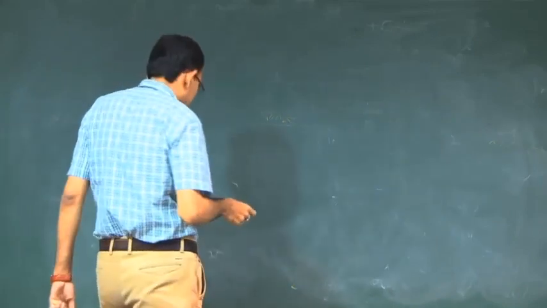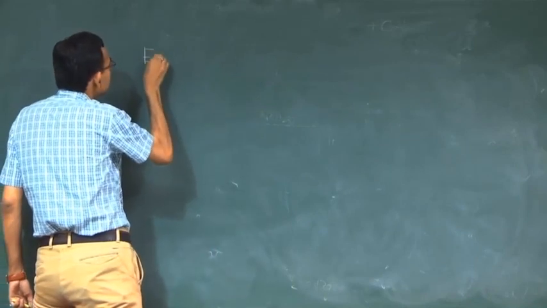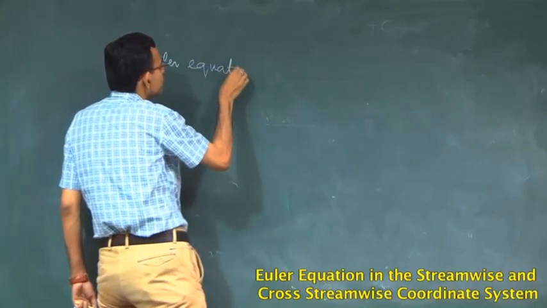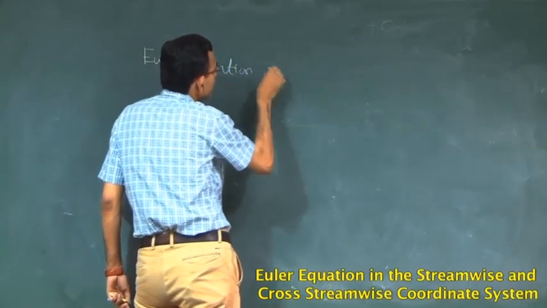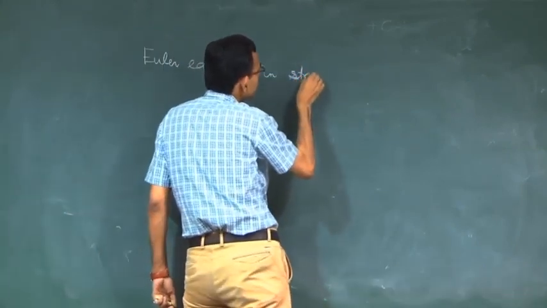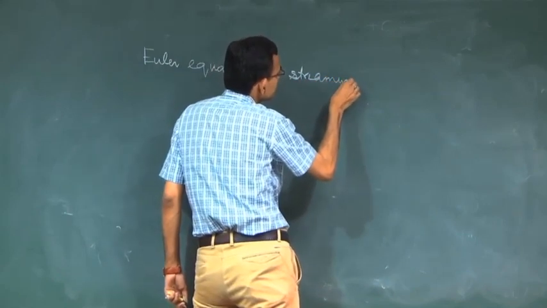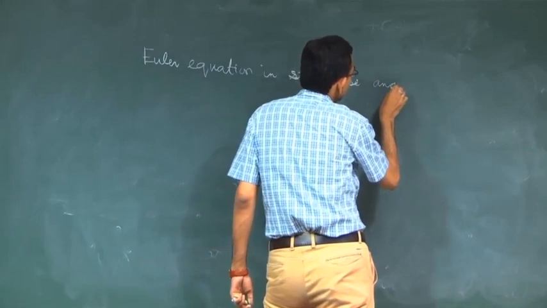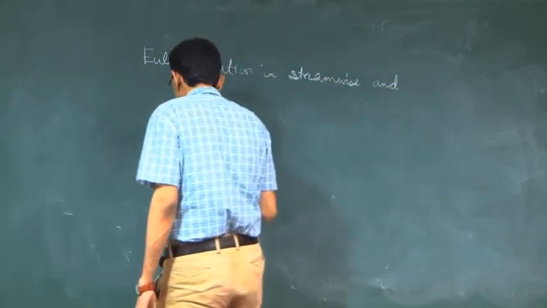The final agenda in this particular chapter is to discuss Euler equation in streamwise and cross streamwise coordinate.